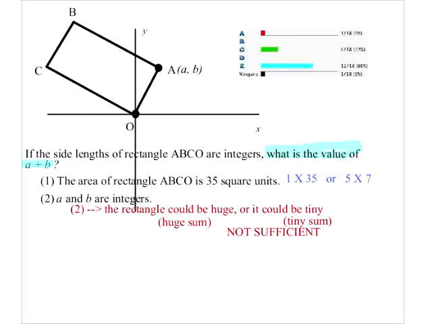That's not really going to tell us much, because these four values mean AO could be 1, 5, 7, or 35. So AO could be any first quadrant segment with length 1, 5, 7, or 35. So this is not going to give you a constant sum.